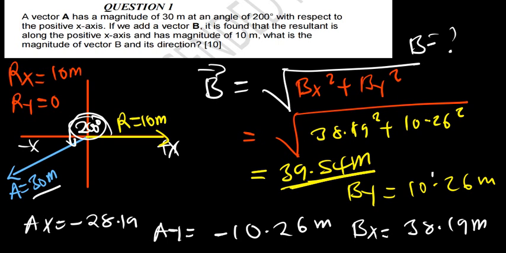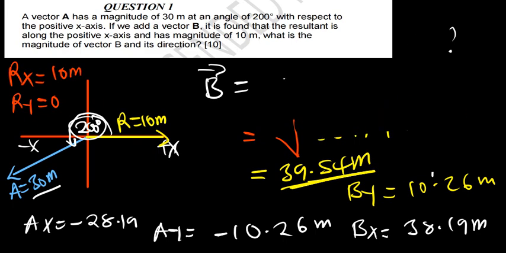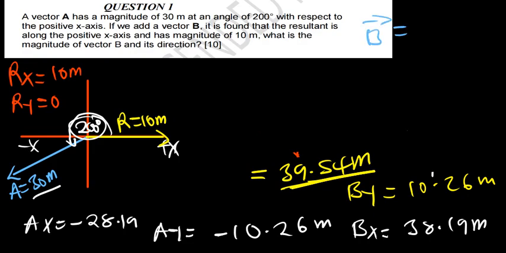If not, then let's continue. Now, you need to be very careful when you are finding the direction. This is where we lost a lot of people last year. So I don't want you to get lost here. 39.54.